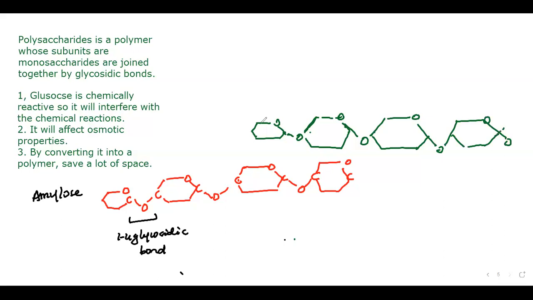So I have two chains of glucose. Now what can happen is that these two chains, these two amylose, can actually make a link with each other. They can make a branch, right? The branching is going to happen like this.